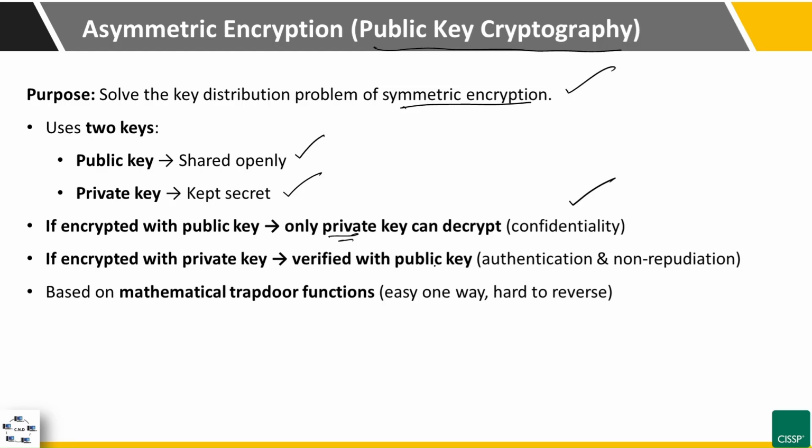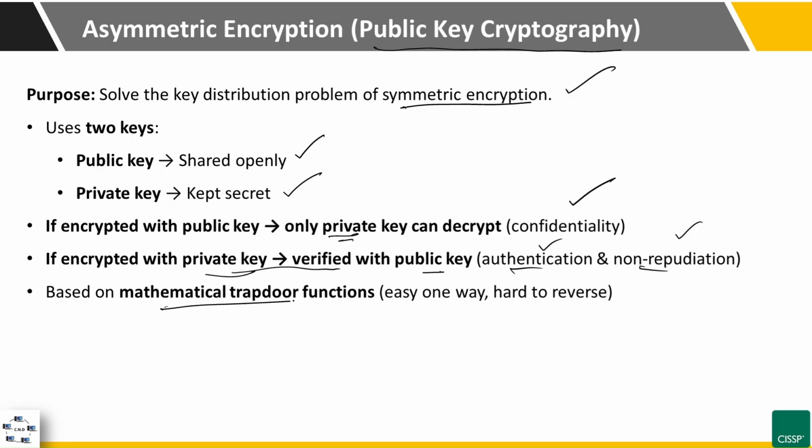Then how can we use this functionality for authentication and non-repudiation? Since only you have the private key, if the data is decryptable with the public key, it means it must be sent by you. The other case is that your private key is lost or compromised. So it is used for authentication and non-repudiation.